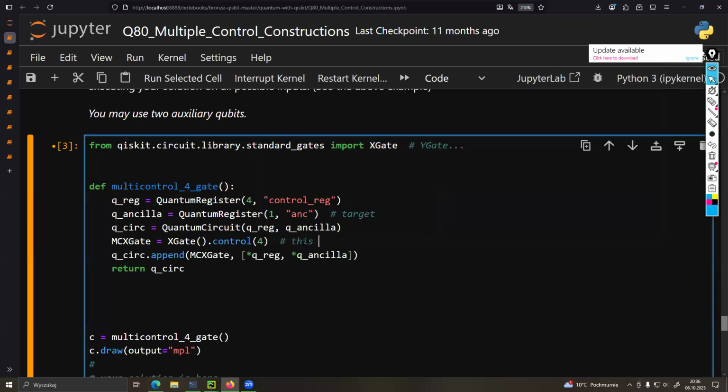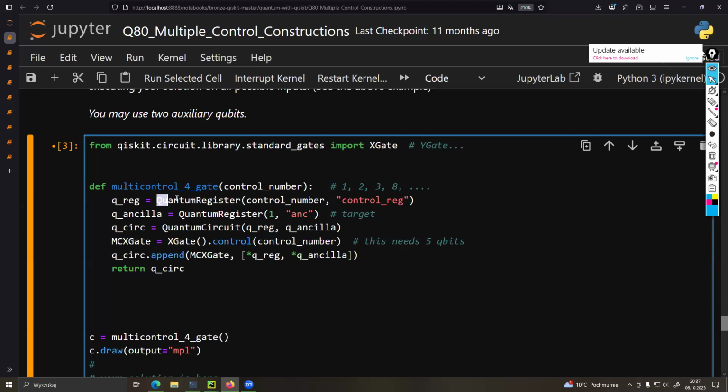This is something that in bronze isn't really mentioned, but this is a far easier way to make any control gates, because look, you can do something like a control number, and this could be 1, 2, 3, 8, whatever number, and this control number can be passed into here.